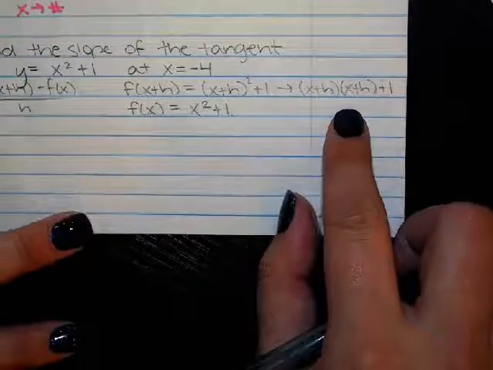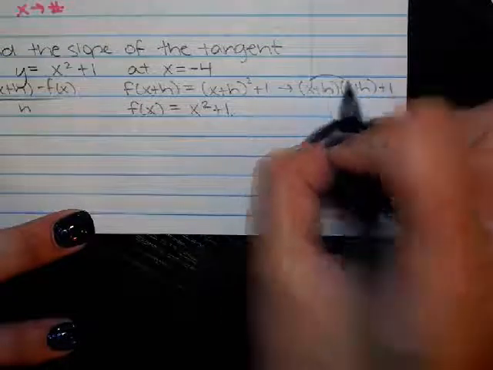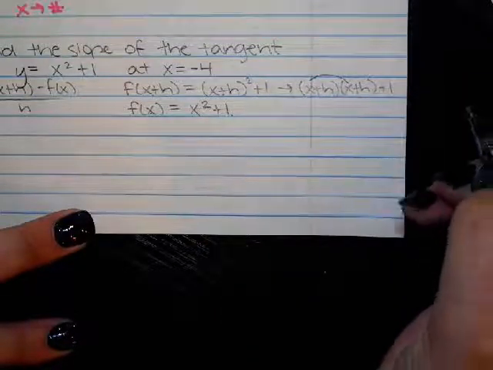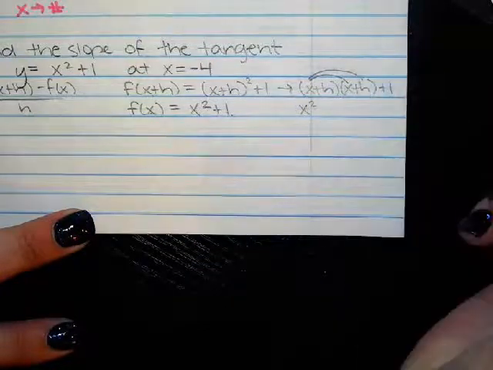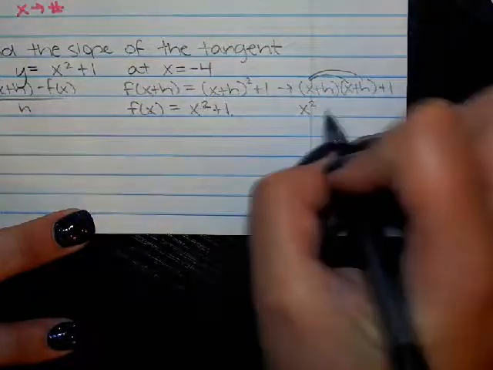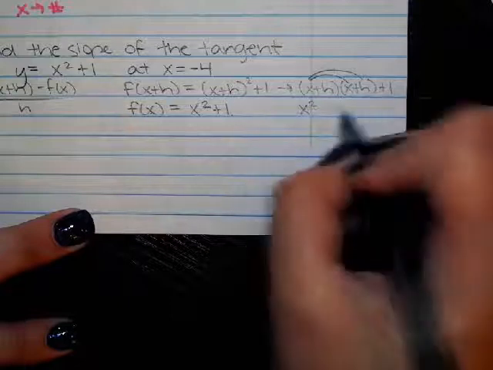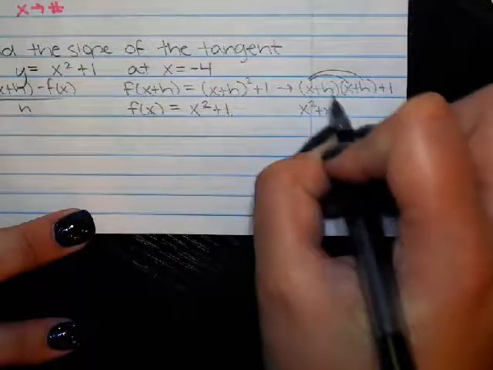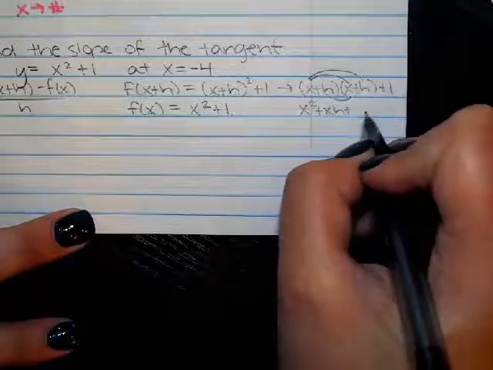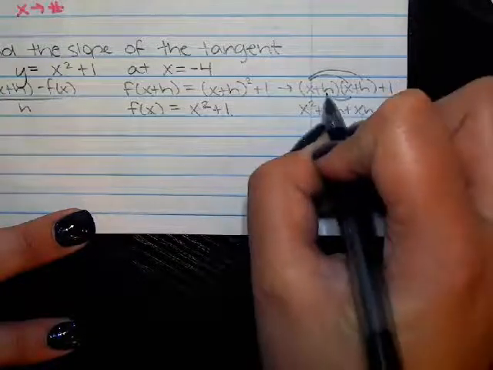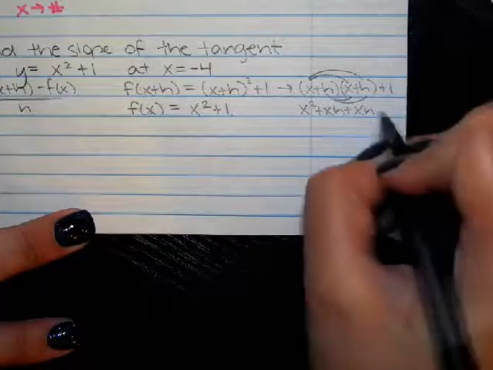FOIL it. X times x is, okay, x times h, xh, h times x, xh, h times h, and then plus 1.